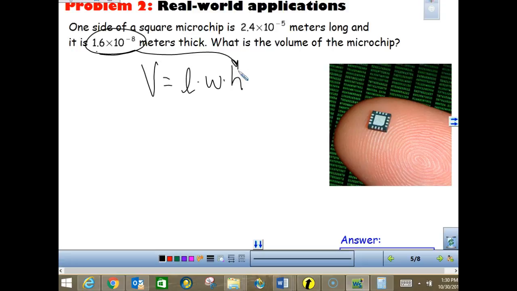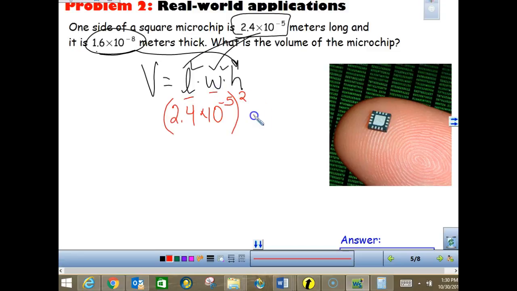So what am I looking at? I'm looking at my length and width both being 2.4. So I have 2.4 times 10 to the negative 5. How many of those do I have? 2 of them, because that's my length and my width, times my height, which is 1.6 times 10 to the negative 8.